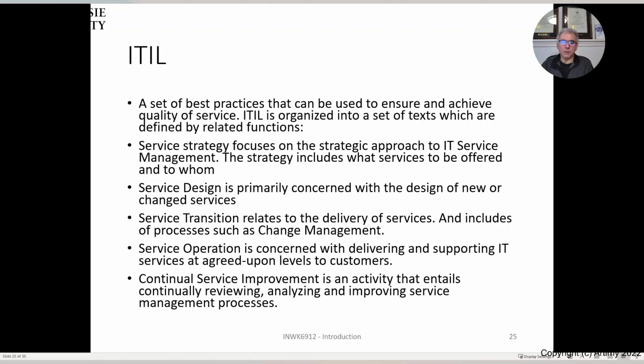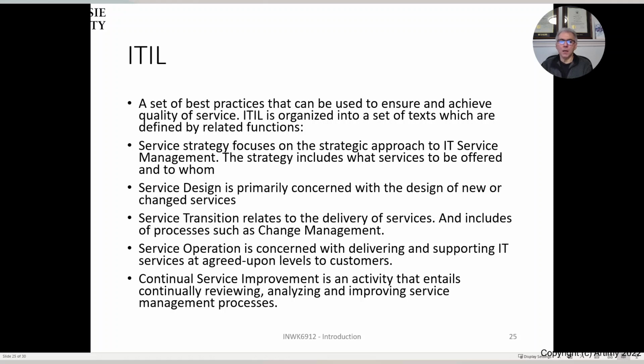Installing, mounting the equipment, configuring the equipment, and also the ongoing. We configure the network once, it may run for years, but every once in a while we may need to upgrade, we may need to change, we may need to add. So that's also part of the service transition. And we will talk about change management as well as part of that. And actually, the change management aspect of this course comes from ITIL mostly.